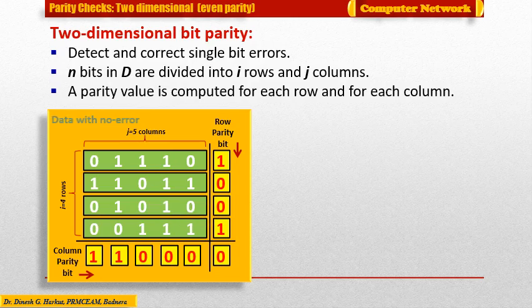As well, we need to calculate the parity bit for each column. Means we are adding 4 parity bits for 4 rows, 5 parity bits for 5 columns, plus one more additional parity bit for this added parity bit.